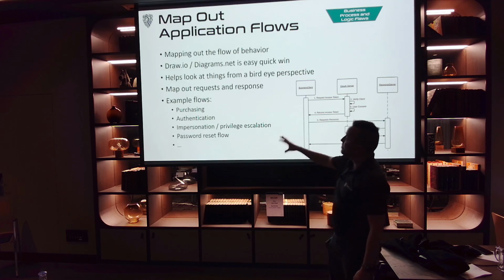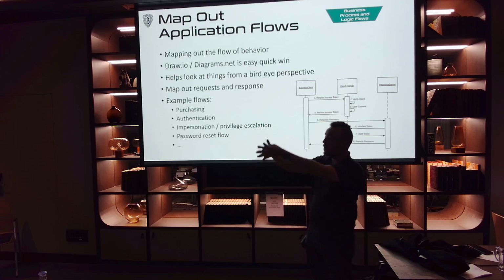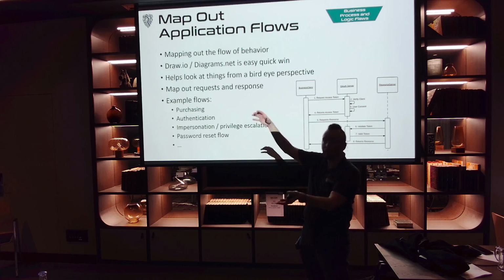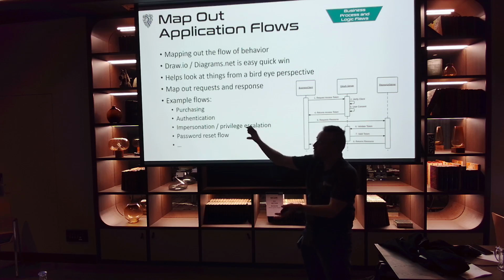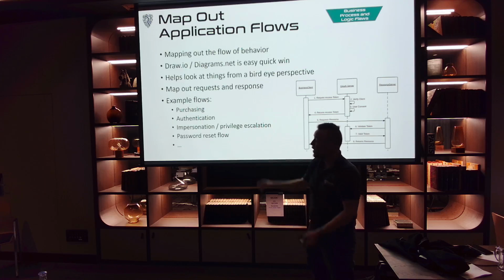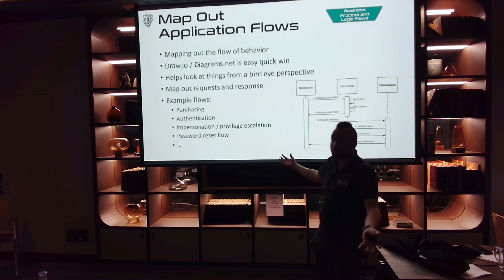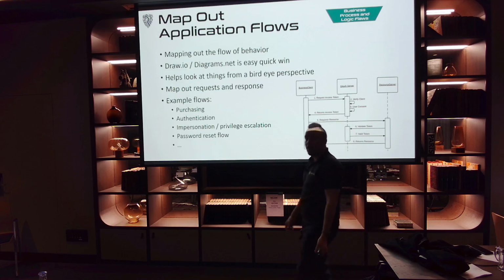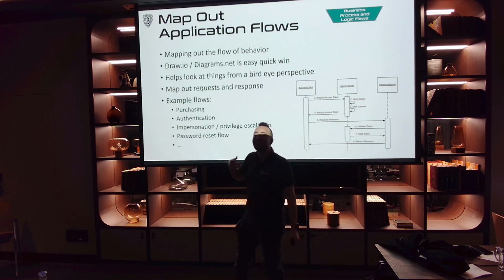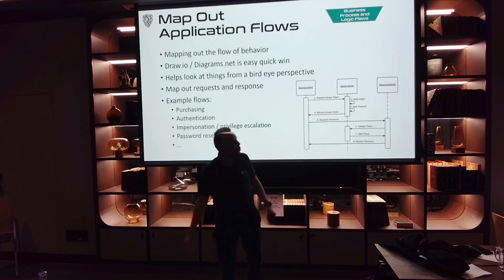So there are lots of flows that, when you put them on a flowchart or inside of a little diagram, you can much more easily realize where the different test cases are, the different hypotheses that you should explore. Say, purchasing flows, authentication, impersonation, privilege escalation flows, password reset flows. These things are so much easier to understand when we map them out.